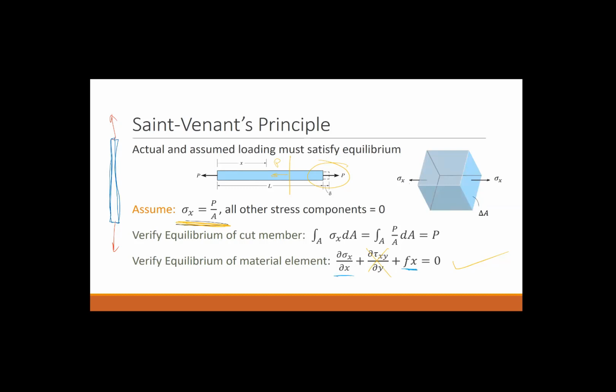So how do I figure this out? What's going on? Because the partial derivative of P over A is 0, but if I have an fx, which is my gravity force, this no longer equals 0. So am I violating equilibrium now? Is this no longer the solution?